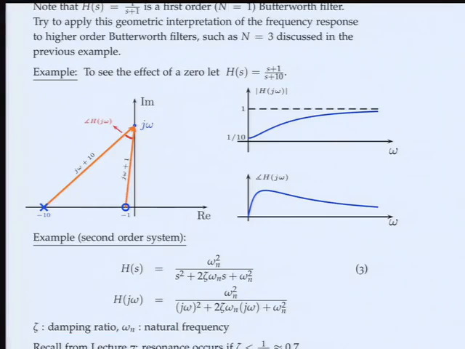We imagined picking a point on the imaginary axis, jω, measuring the distance to the pole, measuring the distance to the zero, dividing them to get the magnitude plot, and of course that went from 1/10 to 1, right? And then the phase was the angle that you see at the top here, because it's the difference of the two phases. And we realized that that would start at 0, increase, and come back down to 0. So that's how we made these extremely rough sketches based on geometric intuition.